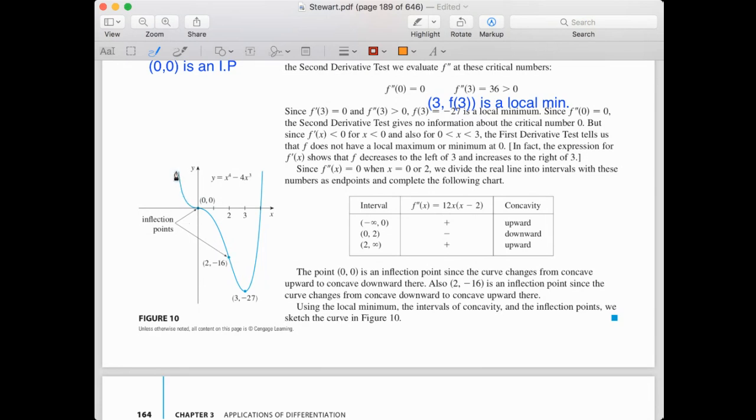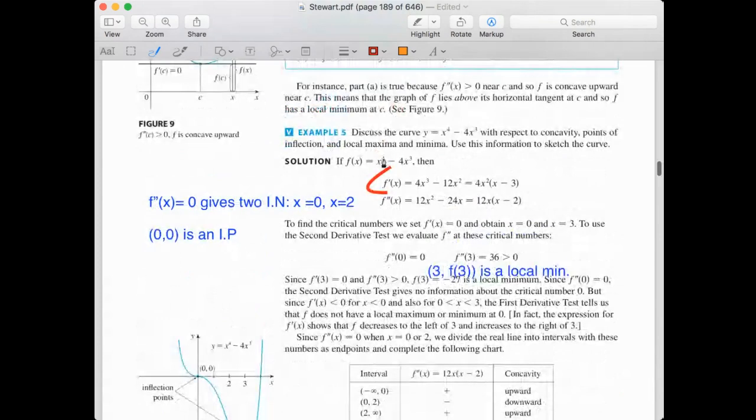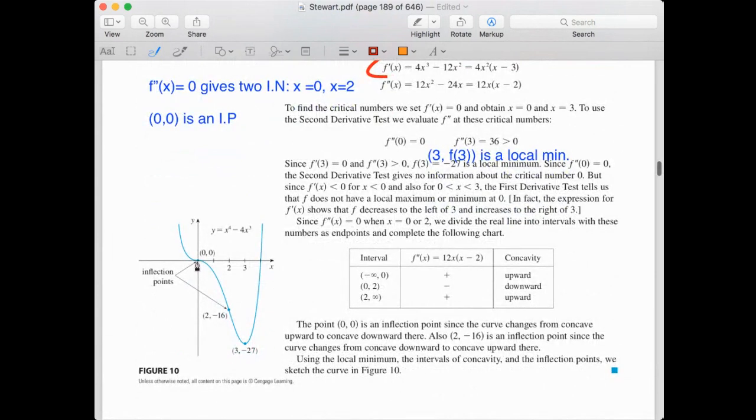For polynomial degree 4, we know both hands up. We can also solve for roots. We set the original function equal to 0, and we see we have two roots: x equals 0 and x equals 4. So 0, 0 is a root, a zero of the function.